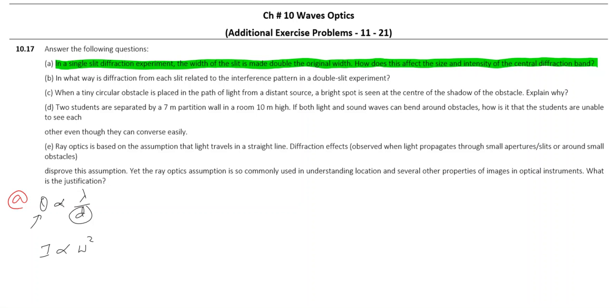Moving to second question, in what way is diffraction from each slit related to interference pattern in double slit experiment? So if we consider a single slit, we know that in case of single slit, the diffraction pattern looks like this.